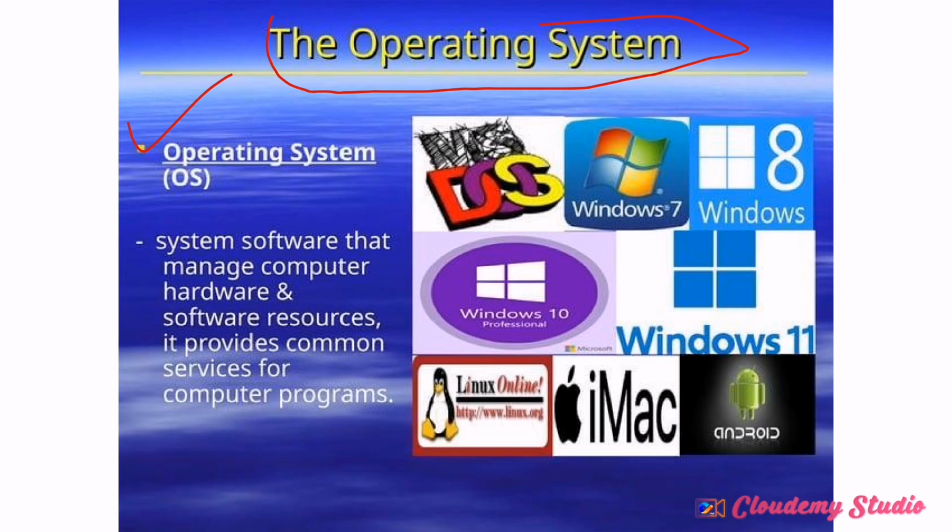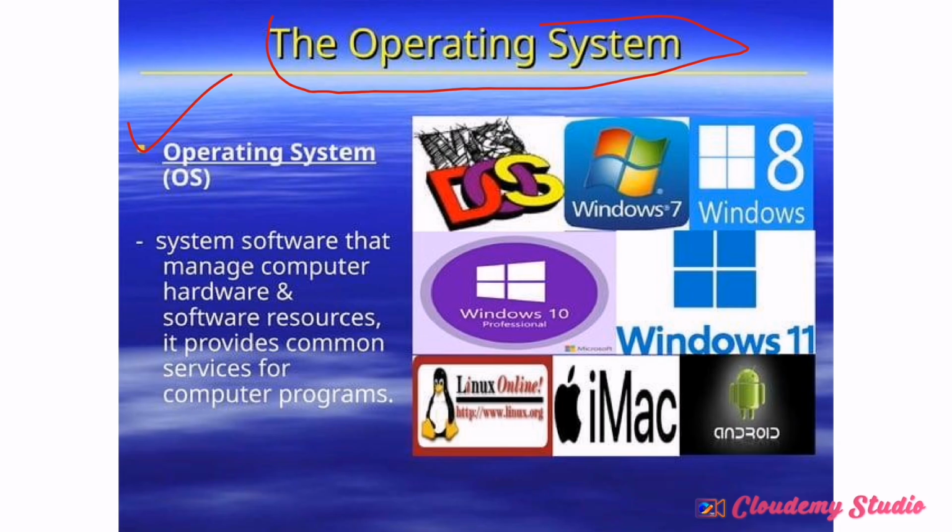Windows 10, 11, that is an operating system. So when you hear OS, that is a system that makes a computer go on and start doing whatever project or things you want to do on the computer.